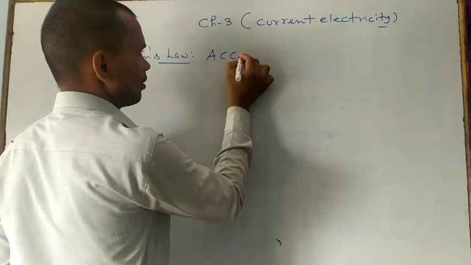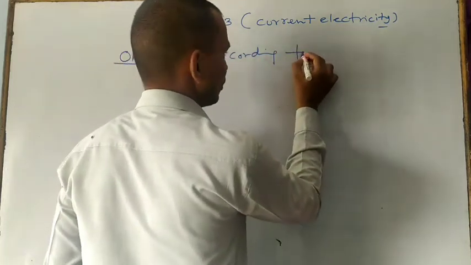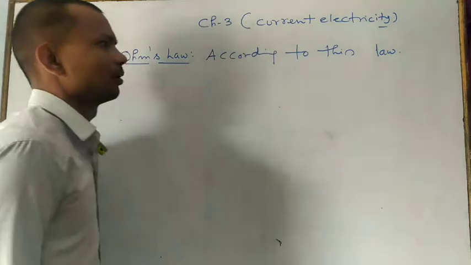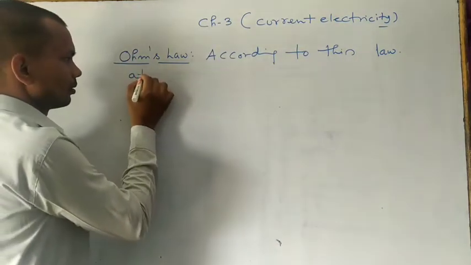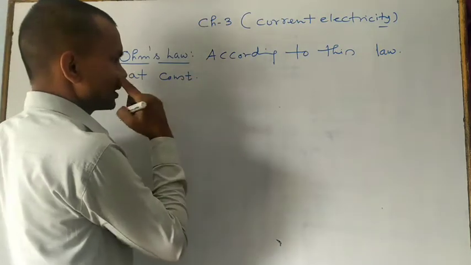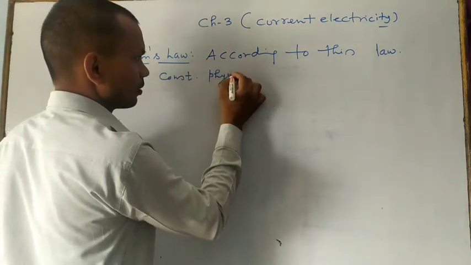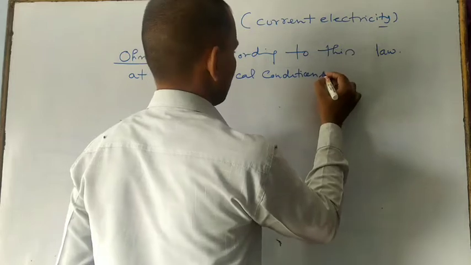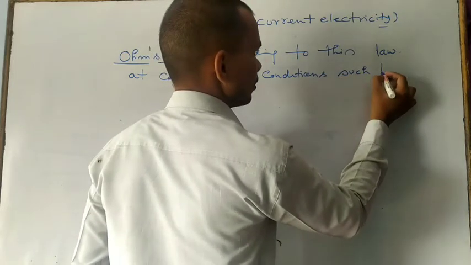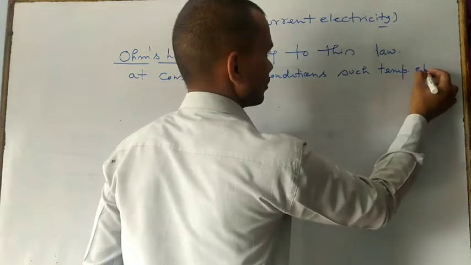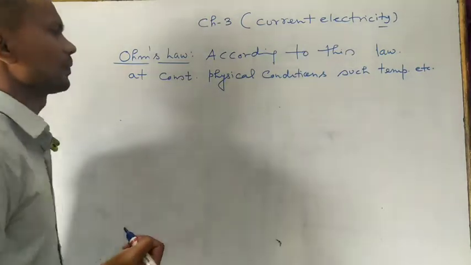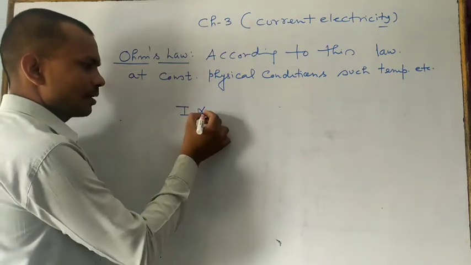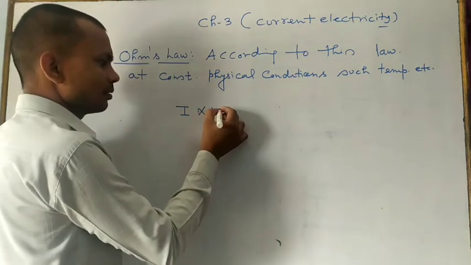Ohm's law means what? According to this law, at constant physical conditions, such as temperature, etc., the current I flowing through a conductor is directly proportional to the potential difference across the ends of the conductor.